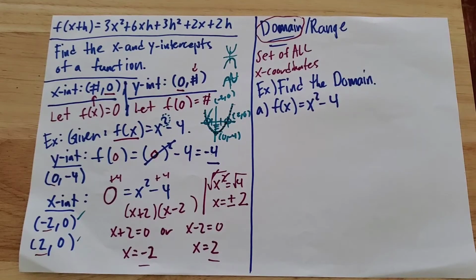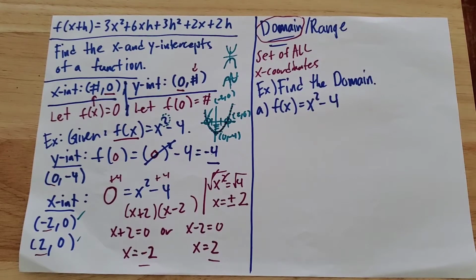So when we start looking at functions and their domain, or the domain of an equation, the idea is we want to know all the x coordinates that satisfy this function. And sometimes, to help us do that, we want to think about all the coordinates that won't satisfy this function. What I mean by that is, is there any value of x that you can think of that might make this undefined? Something that's not possible to do.